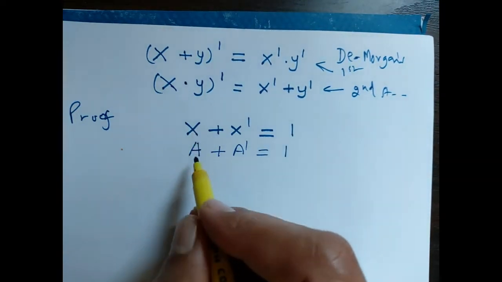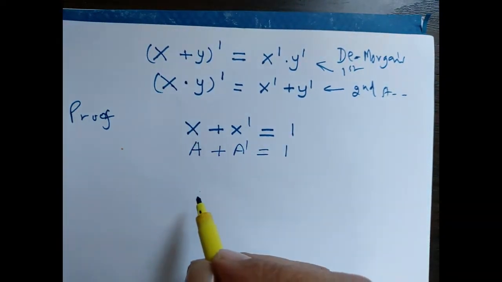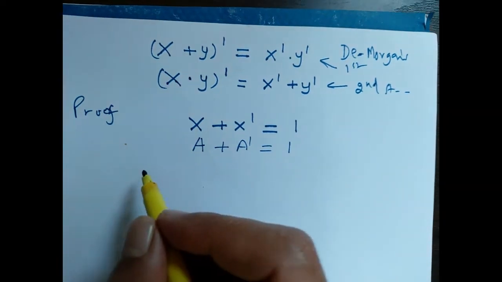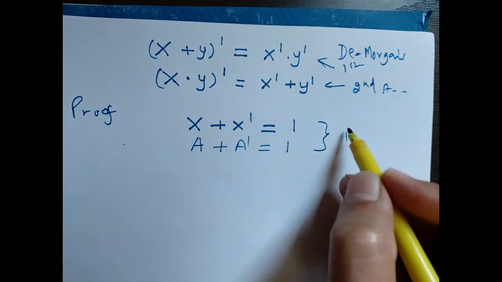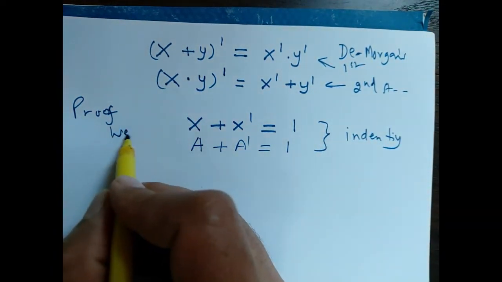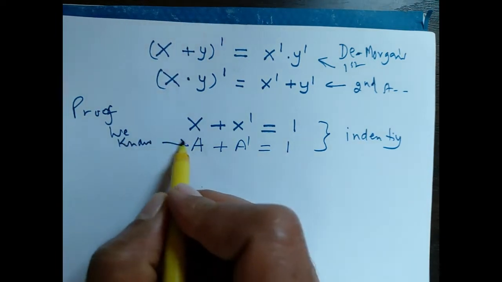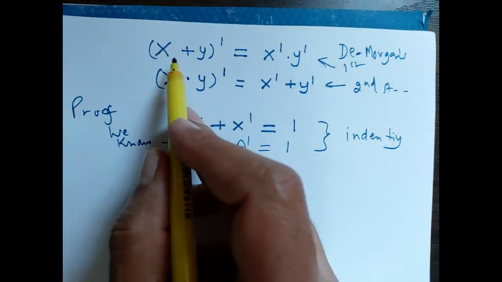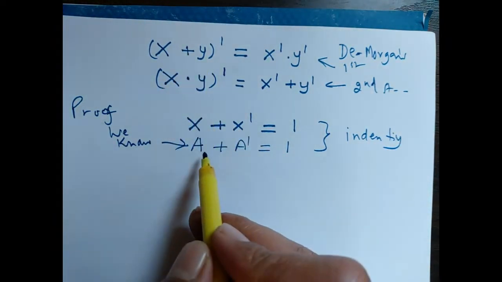It doesn't matter, variables can be changed until you assign values to them. Now let us start by saying that we know this. This is an identity. We know. You can write this. Okay. Now let us say that x OR with y is a.